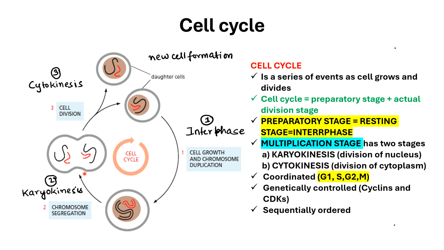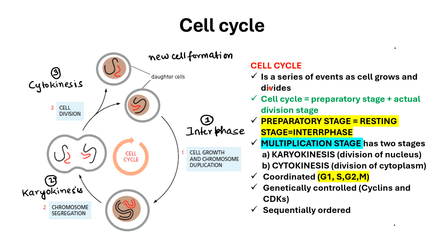In this multiplication stage, the cell is actually dividing. So it takes place in two phases. First, the nucleus is divided, that is called karyokinesis. Then the cytoplasm is divided, that is called cytokinesis, leading to the formation of two daughter cells.